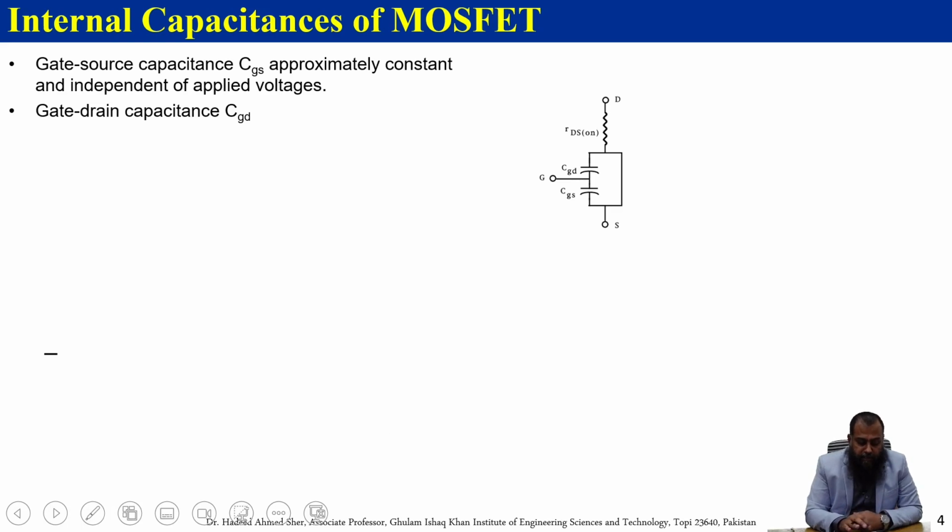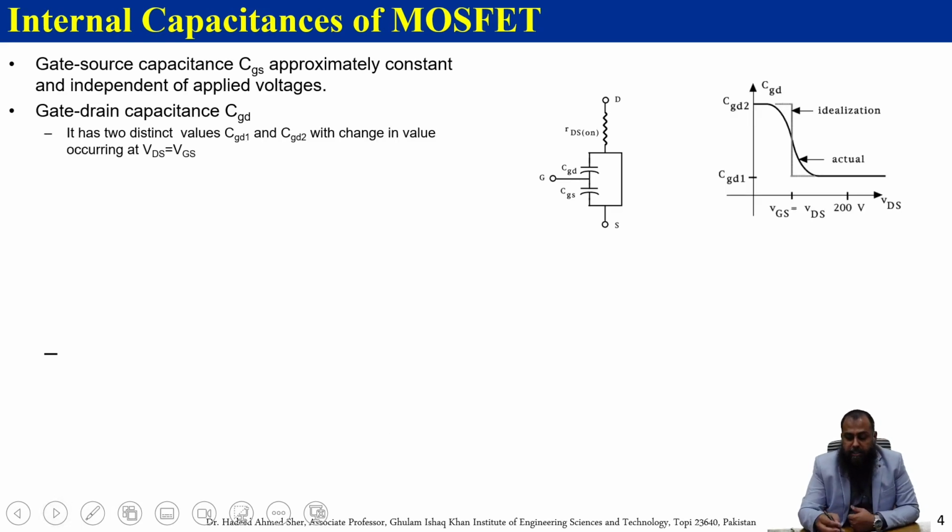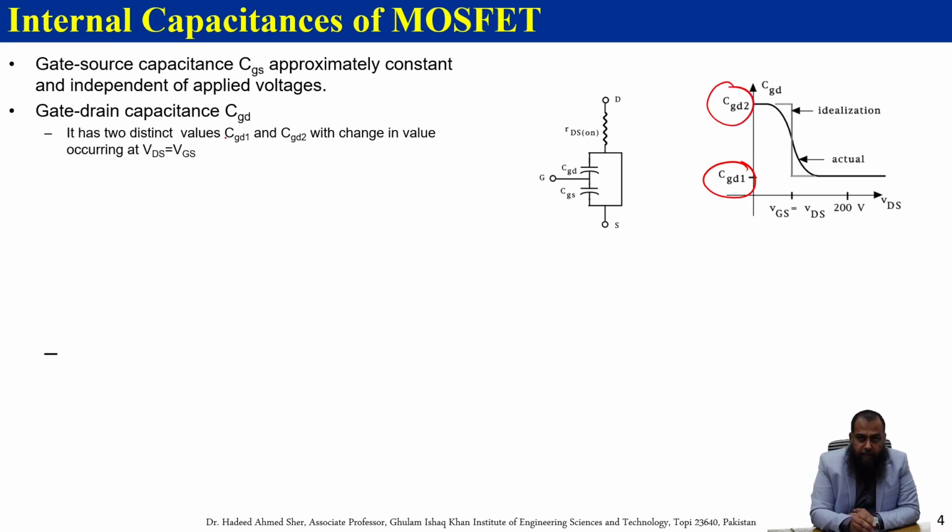However, the gate to drain capacitance CGD has two distinct values which are important to understand, and we attribute them as the CGD1 and CGD2 values here. So the CGD2 value of the gate to drain capacitance happens because of the distinct change in the gate to source voltage and the drain to source voltage.